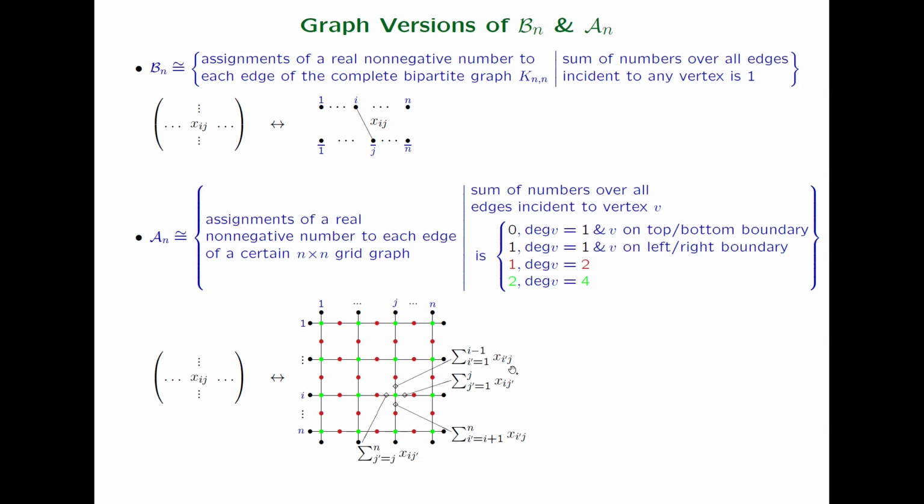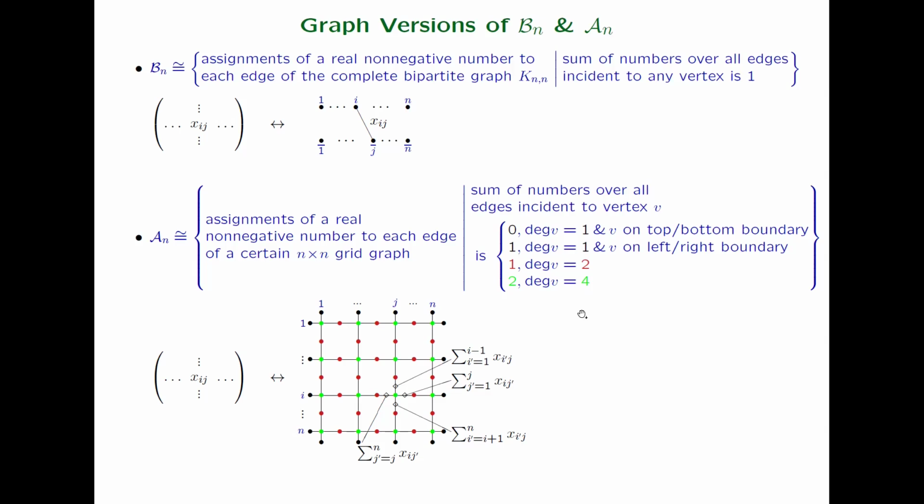So those are written here. It should be clear that if I've got 2 of these partial sums next to each other, and I look at the degree 2 vertex between them, then this is the partial sum on the top, this is the one in the bottom, and so the 2 partial sums give us the full sum, which is 1.